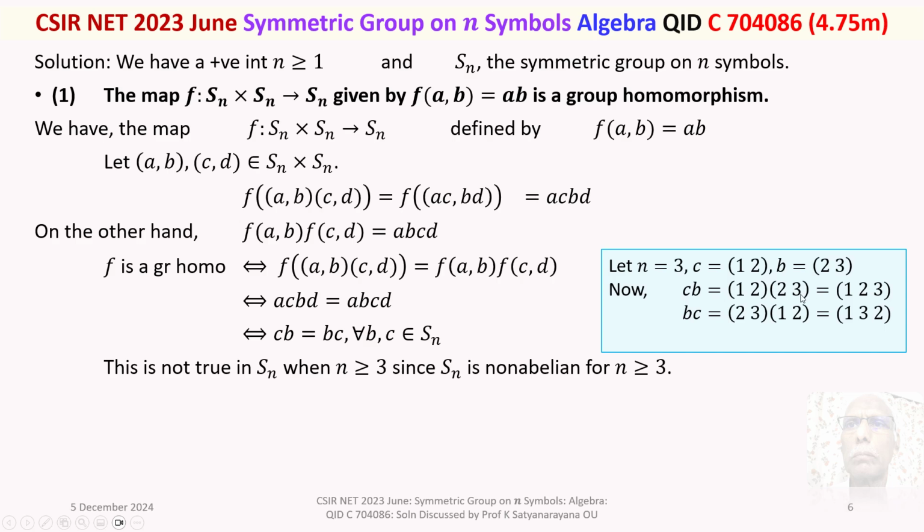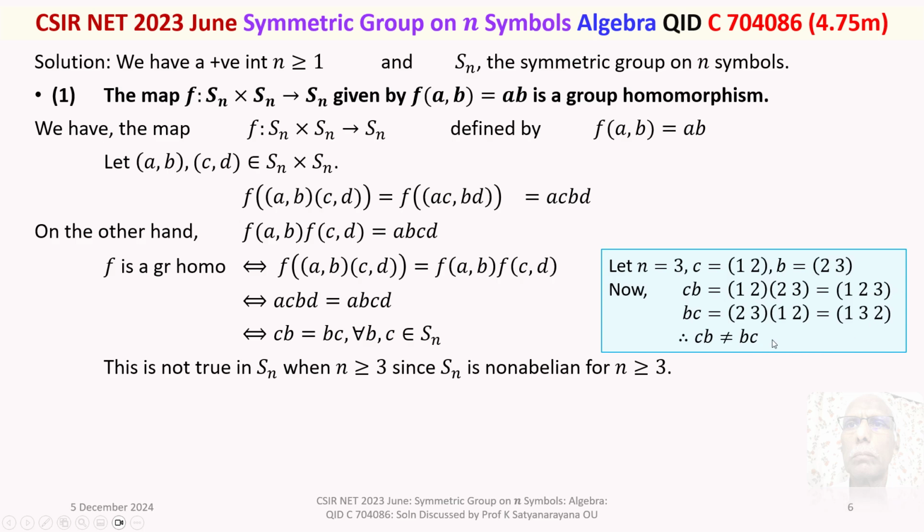Multiplication you do from right to left. 1 is fixed by (2 3), then 1 goes to 2. 2 goes to 3, 3 goes to 2, and 2 goes to 1, it will come back to 1. So it is (1 2 3). In a similar fashion, bc is equal to (1 3 2).